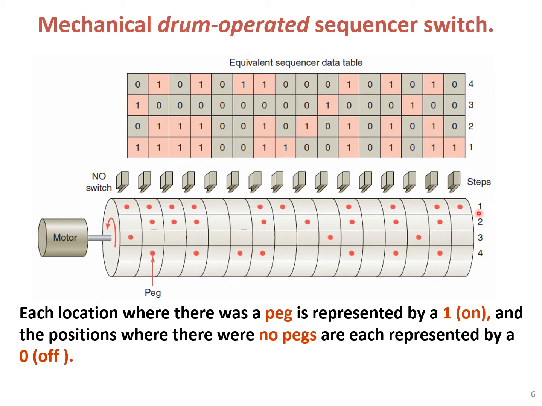Okay, and when we move to another step, then that combination changes. Each location where there was a peg is represented by a 1 or on, and the positions where there were no pegs are each represented by a 0 or off.